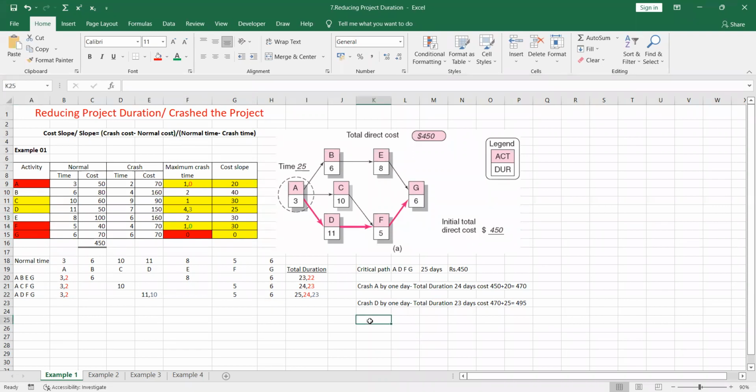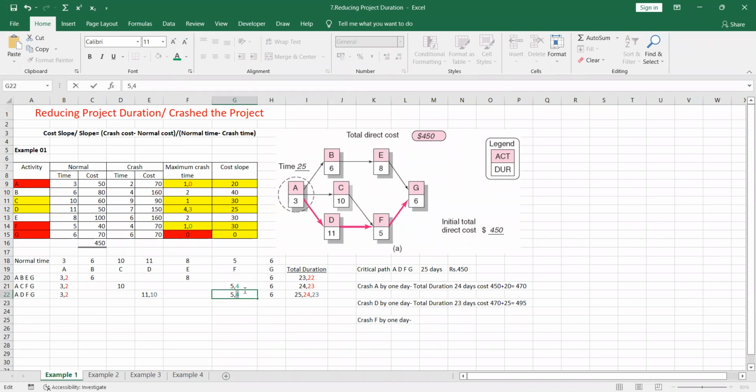So the next one is crash F by 1 day. So we are now going to crash F by 1 day. So F is here. Crash F by 1 day means it should be 4. So I will make it green here. So you have to cross this 5 and make it as 4, right? So I am coloring this, right?